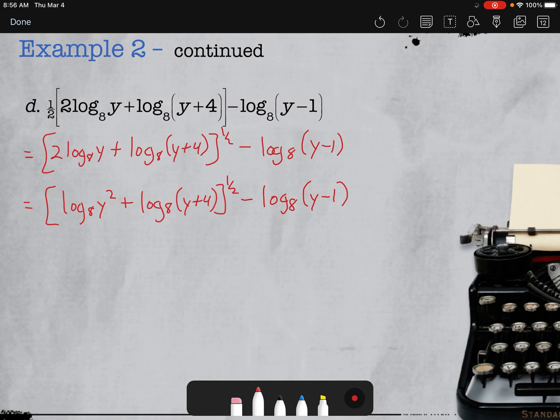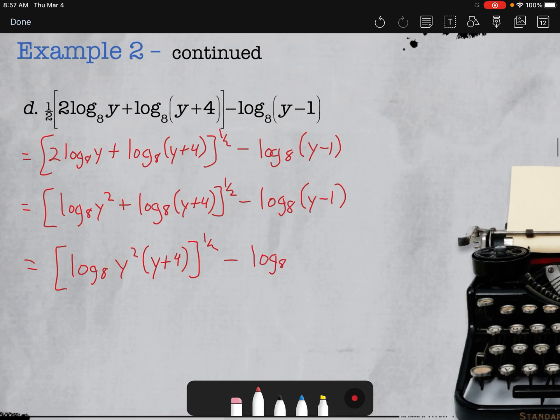Remember, we're trying to get it to just log base 8 of something. Well, multiplication means we can just make this log base 8 of y squared times y plus 4 to the half.